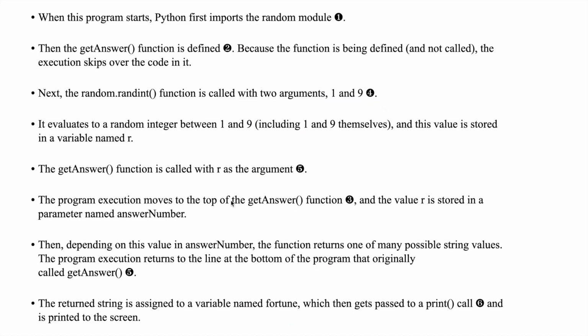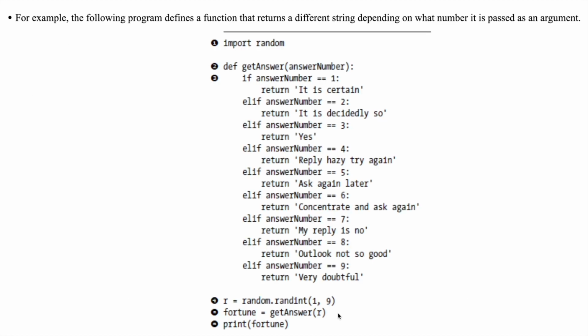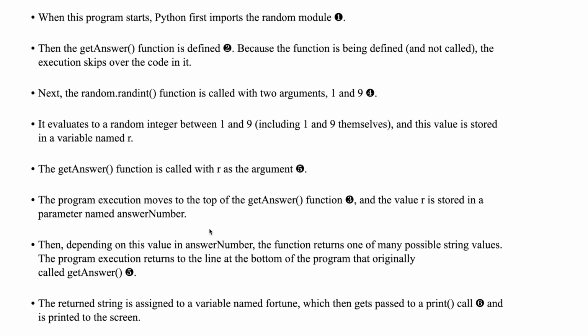Next, the program execution moves to the top of the getAnswer function, from the fifth to the third statement here, because now we have an answer number in r. Based on that, one of these cases will get executed.